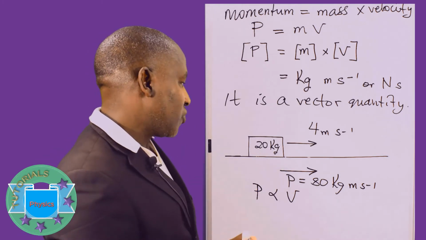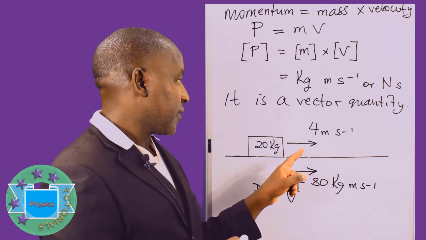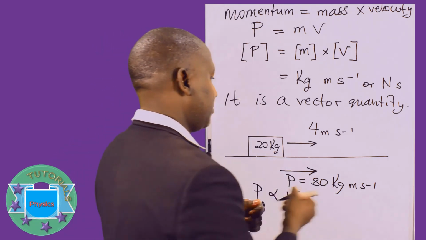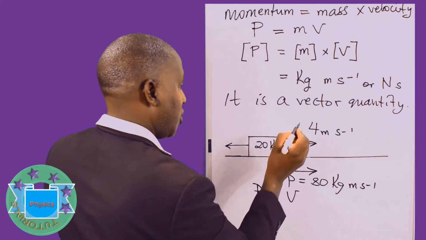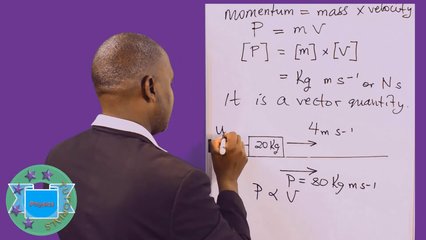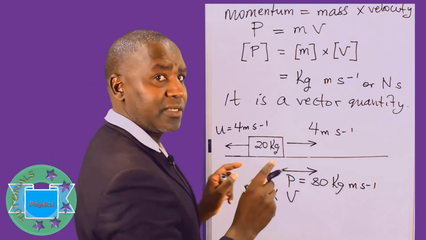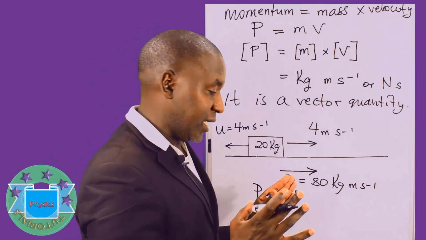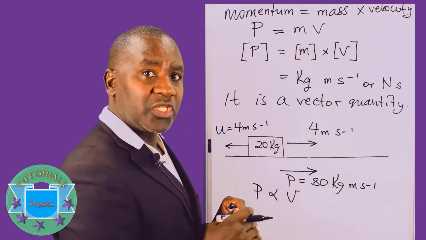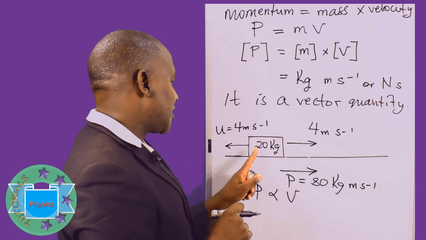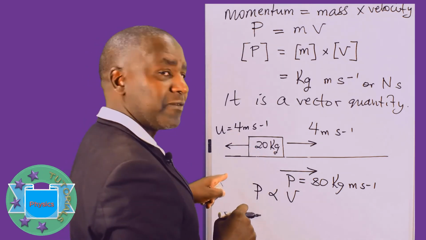Suppose this object were to move in the opposite direction, with the same velocity, maybe 4 meters per second. Suppose that was the case and that this velocity is not there, now it's moving in the opposite direction. We'll find that its momentum will still be 80 kilograms meter per second, but to the left.